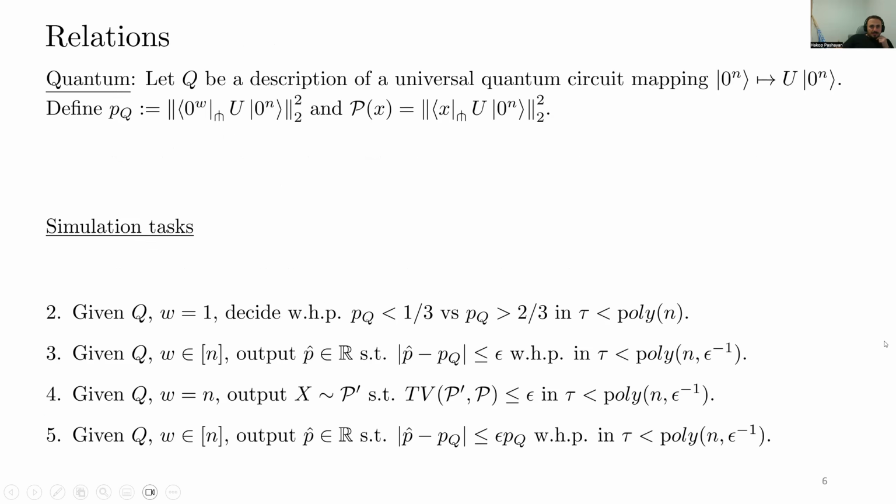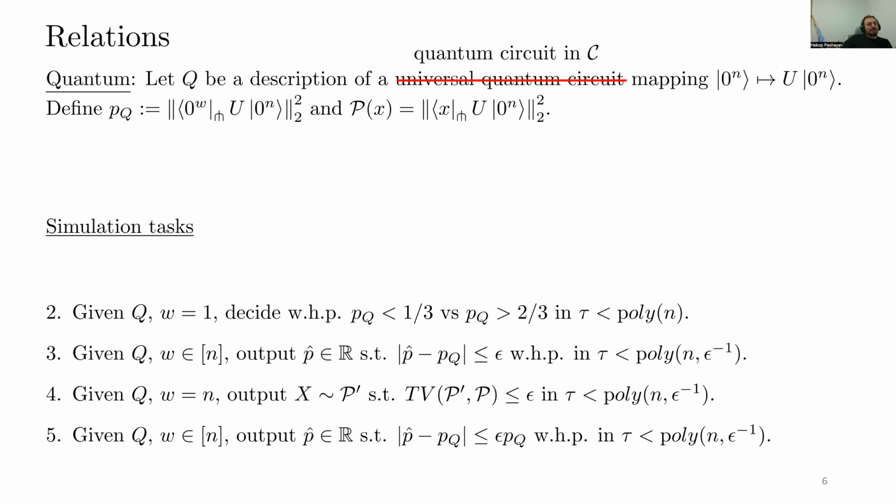Let's see. Okay, so I'm just going to focus on the quantum tasks. And of course, we could generalize this a little bit by not just considering universal quantum circuits, but instead we could replace this by some class of quantum circuits that might be sub-universal.